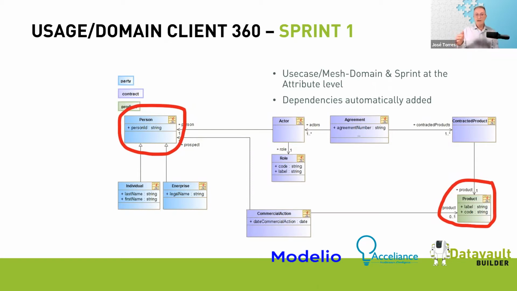So I set it at the granularity of agreement number, for example, legal name for the enterprise, debt commercial action for the commercial action business object, etc. And when you set up a sprint inside a domain or usage, the dependencies are automatically added if you set only an association, for example. So we will see this live.